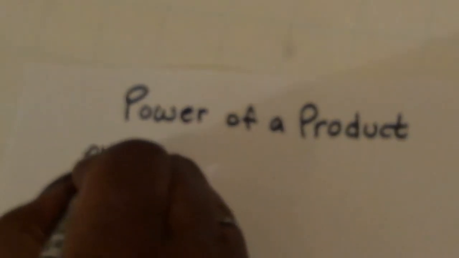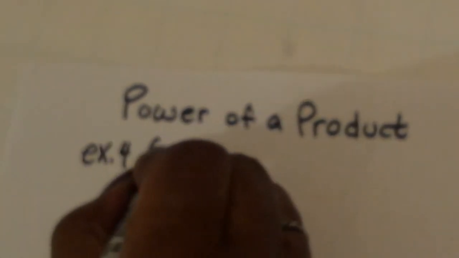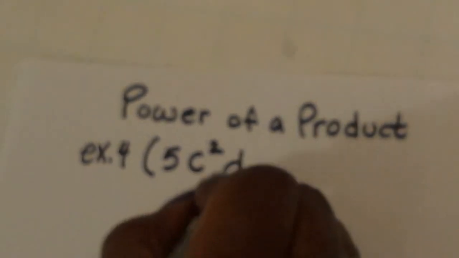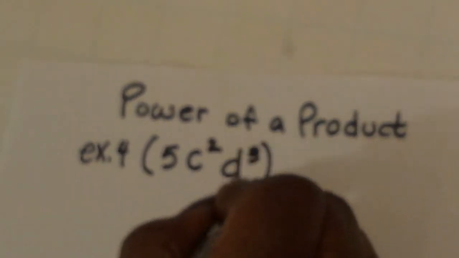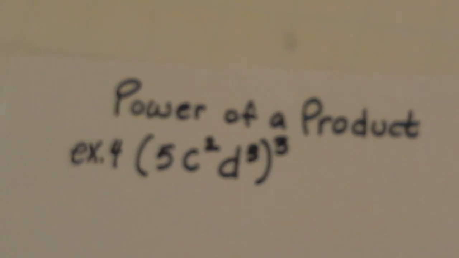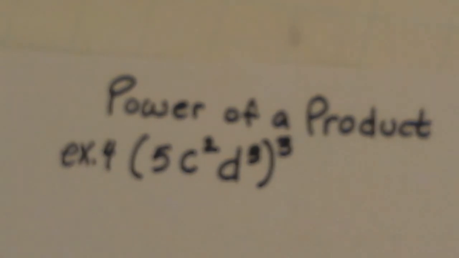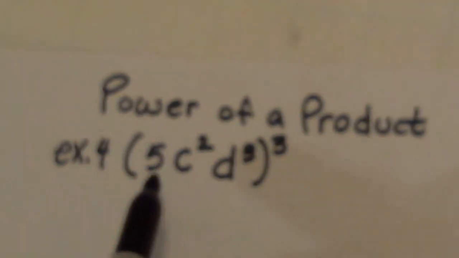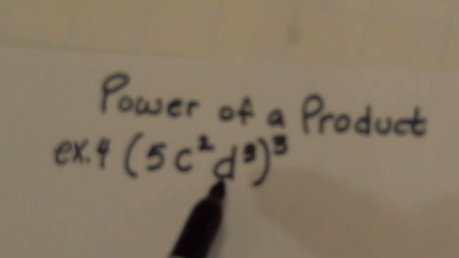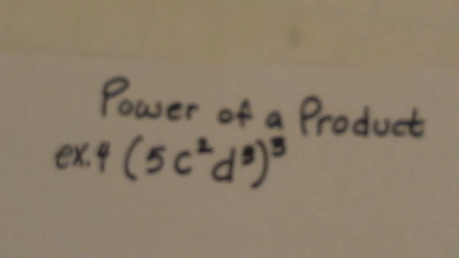This is example 4, and I have 5c to the second power, d to the third power, and I'm raising it all to the third power. I decided to zoom in. That got a little blurry. So it's a product because this is 5 times c squared times d to the third power. And we're going to raise everything to a power.